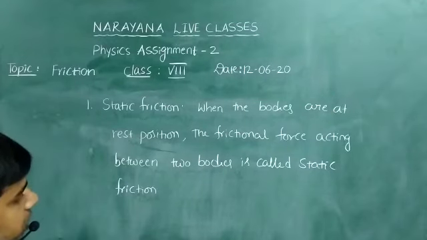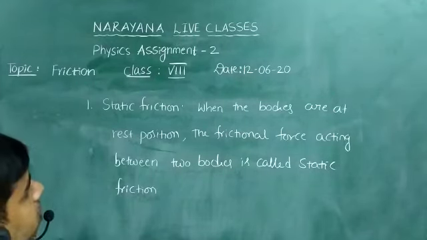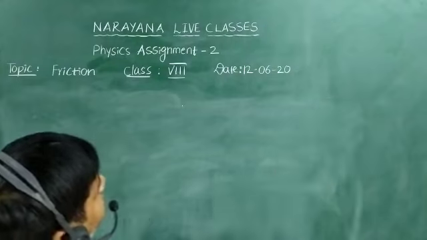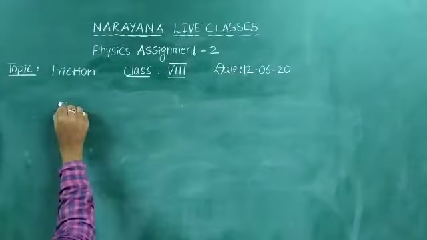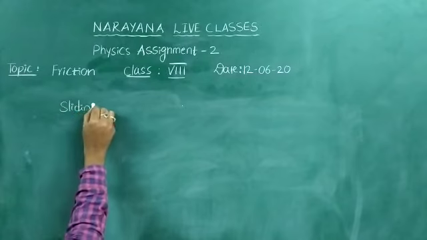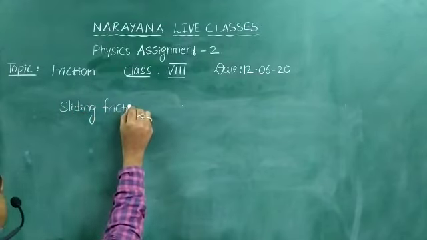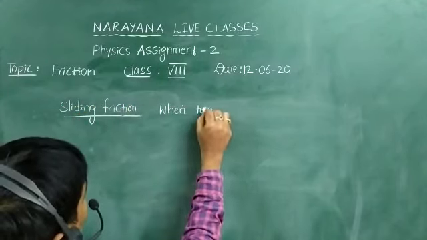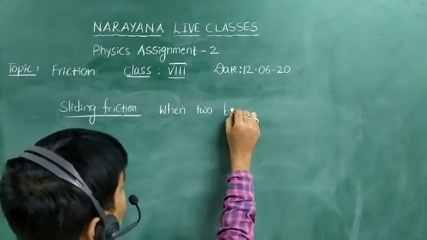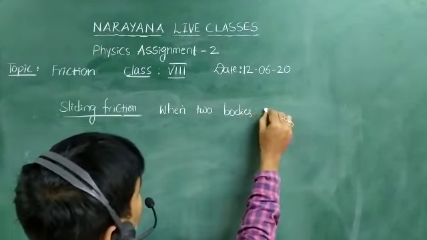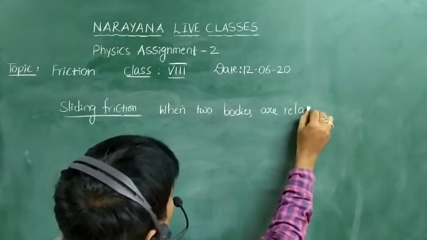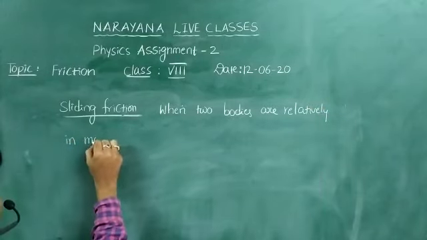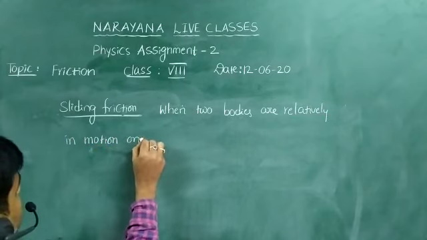The second question is sliding friction. So sliding friction is the friction when two bodies are in motion, one on the other, when two bodies are relatively in motion, one on the other.